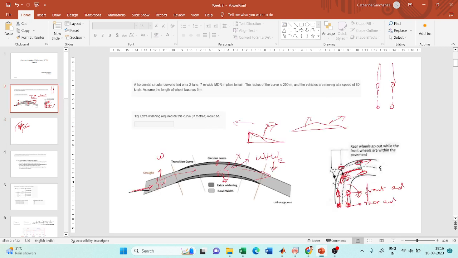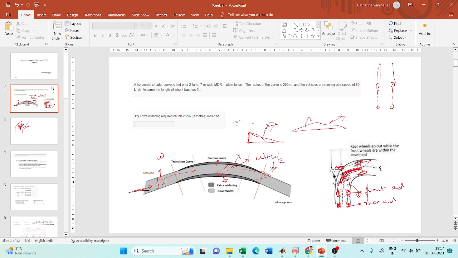This is the width of the horizontal curve, which is the same width as the straight section. But when the vehicle tries to make a turn, since this body is rigid, the vehicle is kind of thrown outside. If the body were flexible, imagine, then it would have stayed in the same lane.